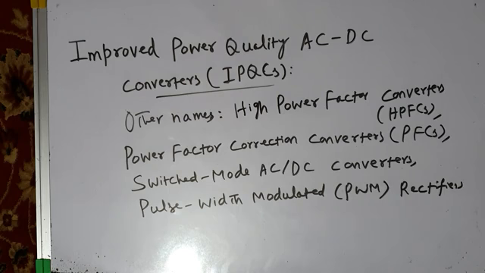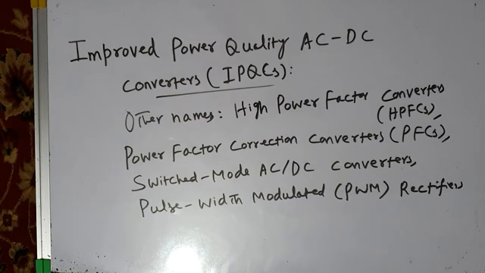Whereas conventional or traditional AC to DC converters, especially phase controlled converters, are very notorious for drawing large amounts of reactive power from the source, even if the load on the DC side is purely resistive.